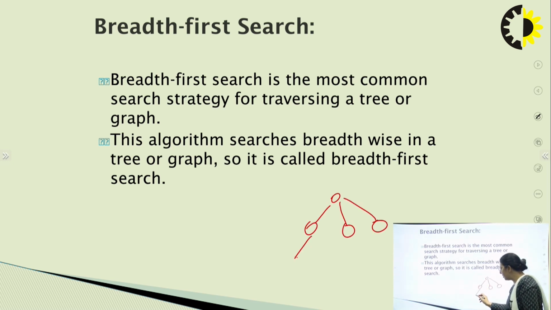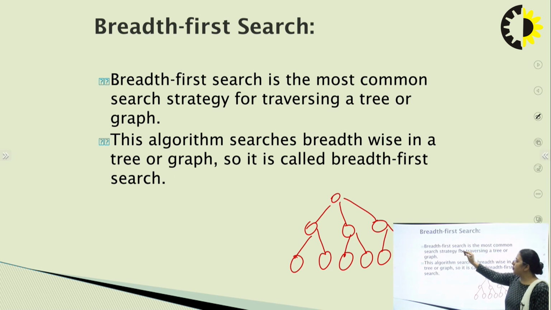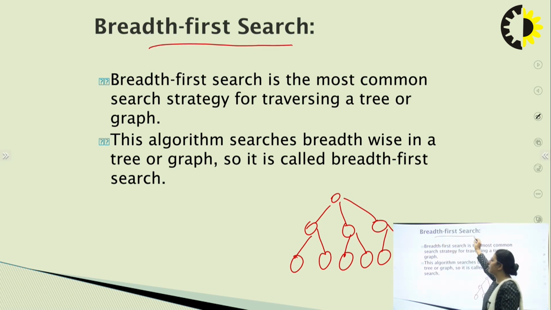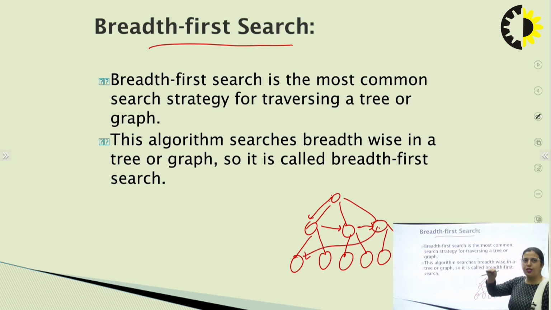If this is the state space and we are using the breadth first search technique, then how can we traverse this tree? It searches from here, then goes to here, then here, then here. So it searches basically breadth wise, or you can say level wise.